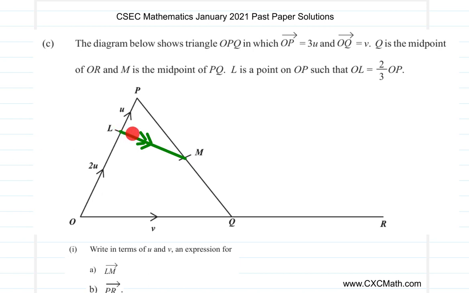If you go from L to M, you end up the same place as if you go from L to P and then P to M. You see that? So what you can say here is, by the way, how about you pause the video and see if you can figure it out from me.